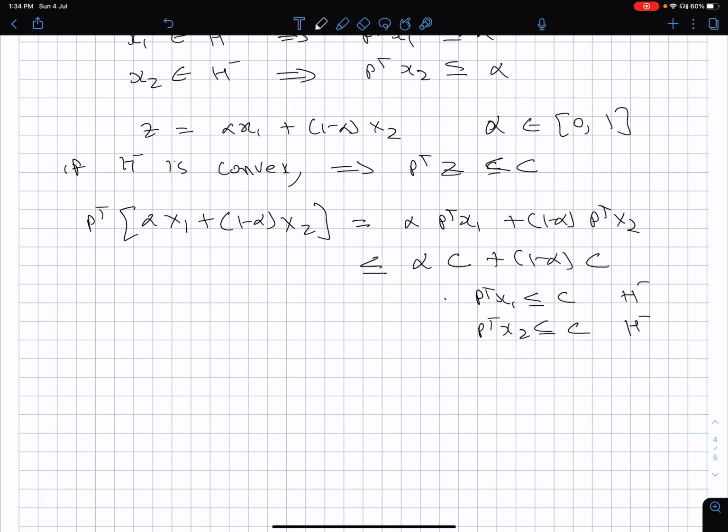But then this is nothing but alpha C plus 1 minus alpha C, which is equal to C. So P transpose Z, the convex combination, is also less than or equal to C, which means the convex combination is embedded in H minus, which means that H minus is a convex set. Okay, so this is another nice example.